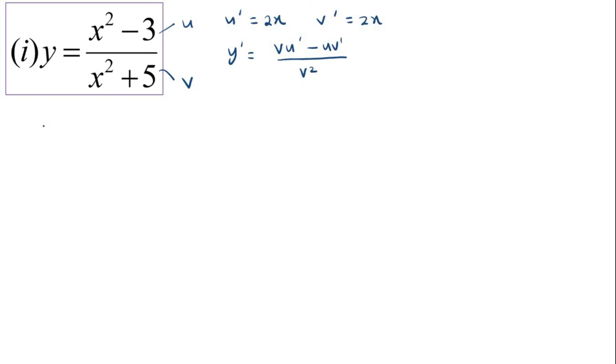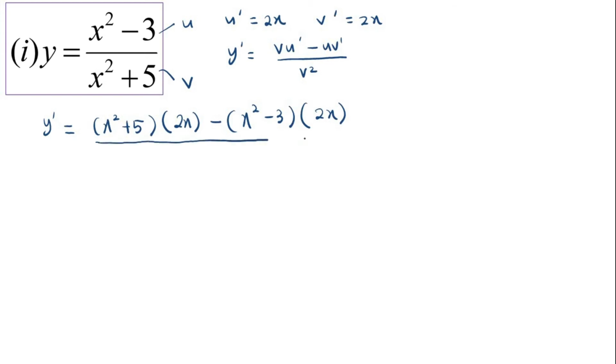So here our y prime, or our dy/dx, would be equal to v, so x squared plus 5, times u prime, which is 2x, minus u, so x squared minus 3, times v prime, so we have another 2x there, divided by v squared, so we have x squared plus 5, the whole thing squared.